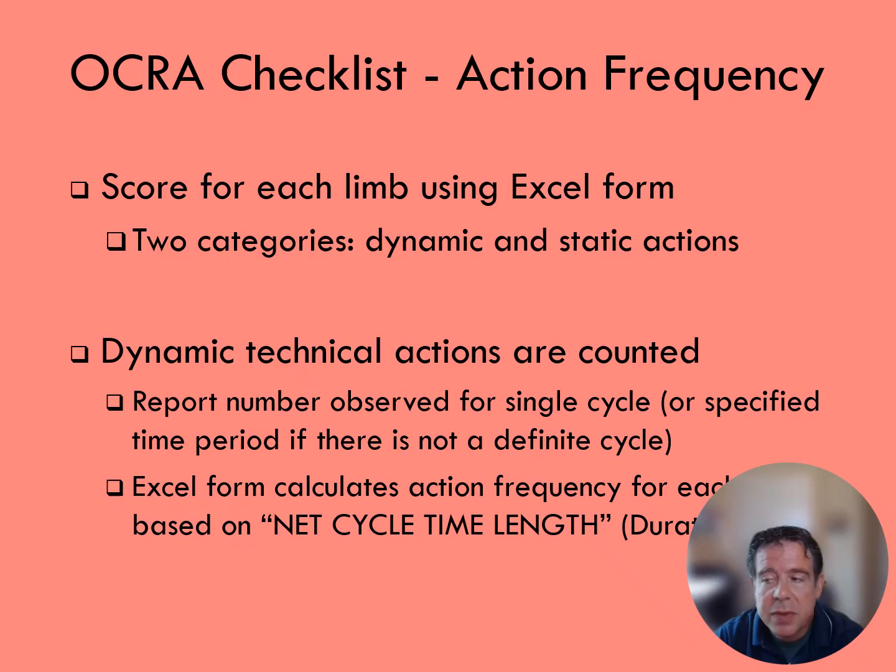But it divides up lots of different ways to look at static. So when we look at how long they're holding it for static, we'll go through that. Dynamic are counted, so the number of observes in a single cycle. And for this, the Excel does a net cycle length.